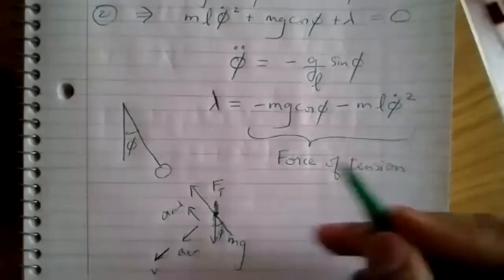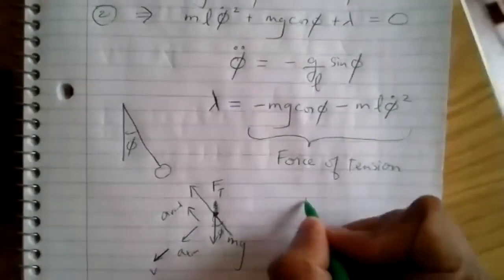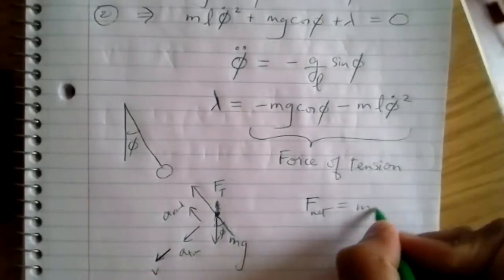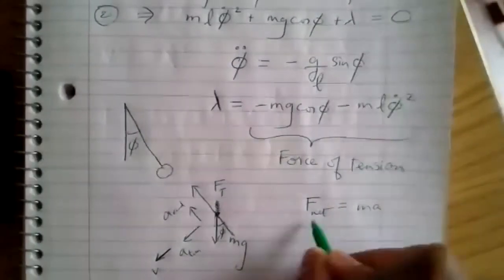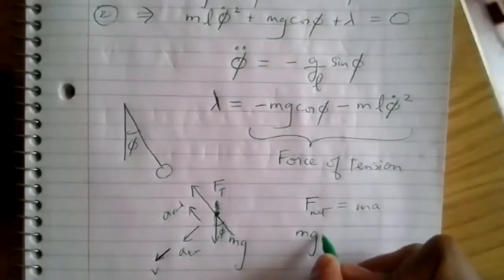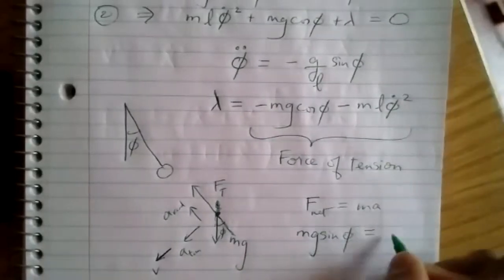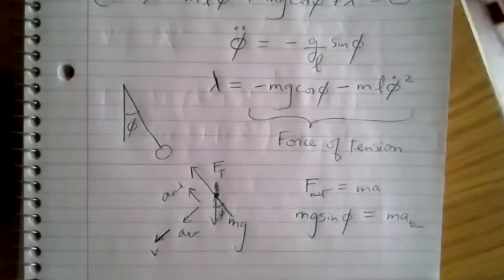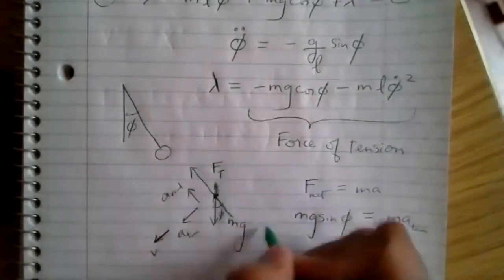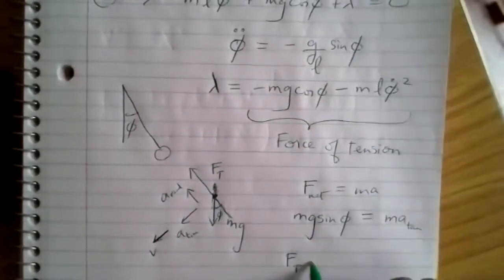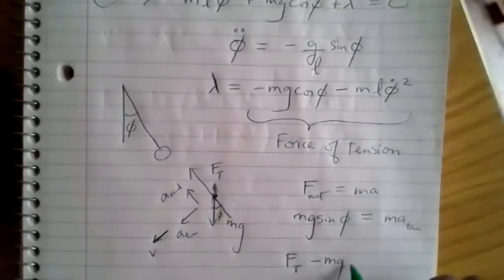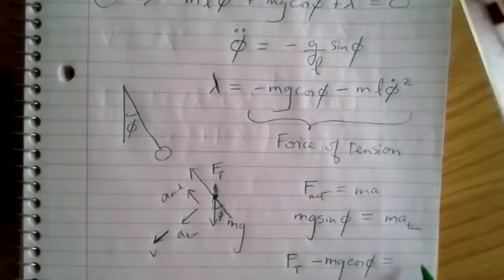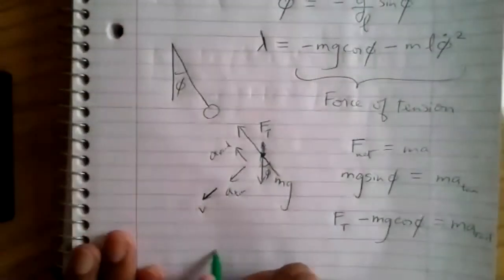So along that line, F net equals ma, so I would get mg sine phi is equal to ma tangential if I'm just looking at magnitudes. And in the radial direction, I would get ft minus mg cosine phi is equal to ma radial. I can solve for ft.